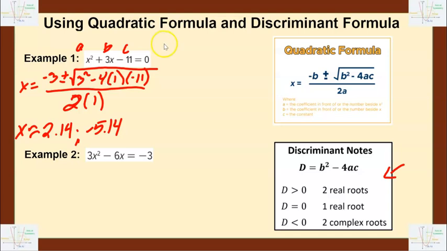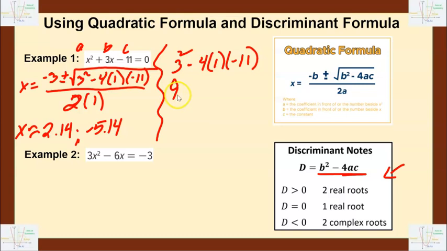So let's look at the first one here. Let's do the discriminant here. So we're just doing everything in the radical. So that's going to be 3 squared. And then I don't need the radical part here, so let me just get rid of that. I just need to use this formula, b squared minus 4ac. So 3 squared minus 4 times 1 times -11.